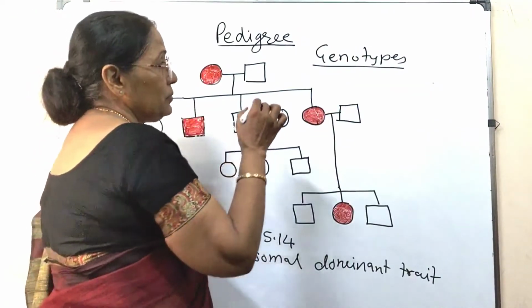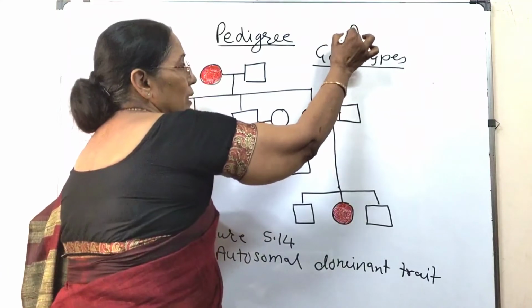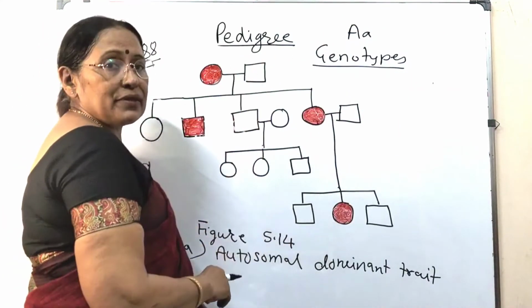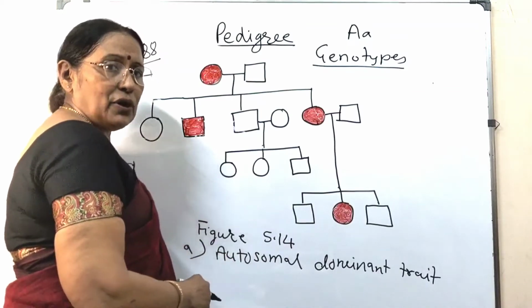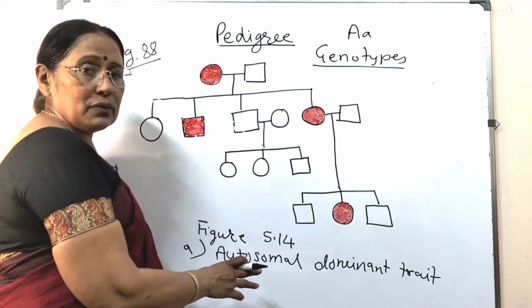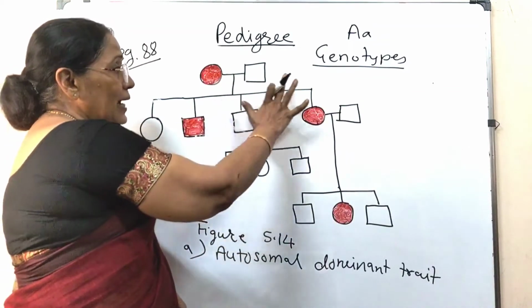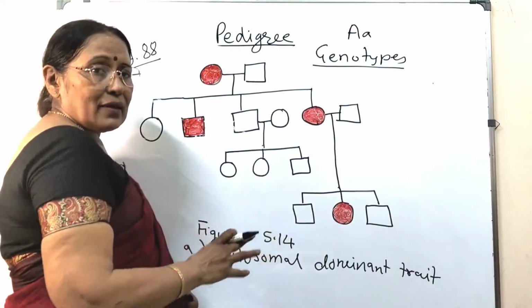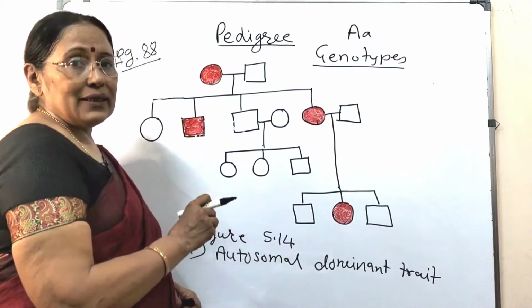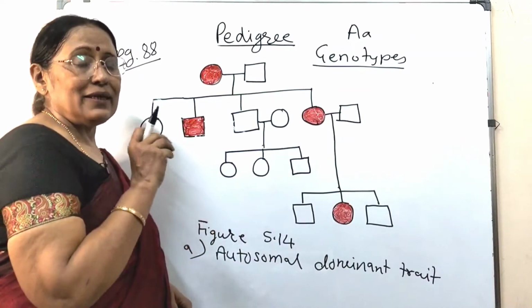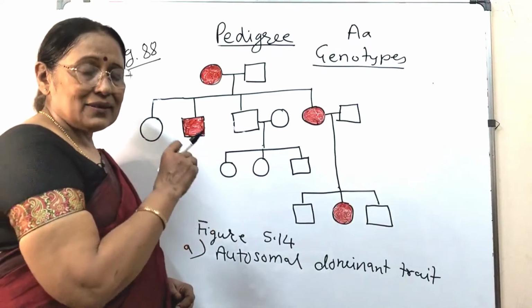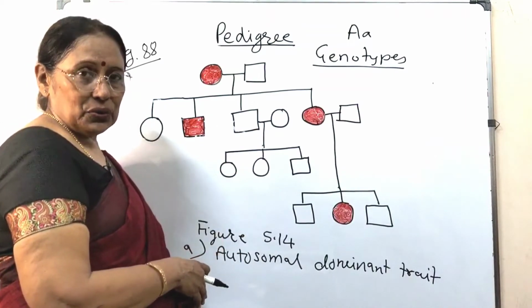One thing you remember कि हम जो दो लेटर लेने वाले हैं, जो दो एलिलीज लेने वाले हैं, always there is capital A and small a. Now we are going to write the genotypes of this, and doing this is the easiest job of the world. I'm really telling you, this is the easiest thing to do.